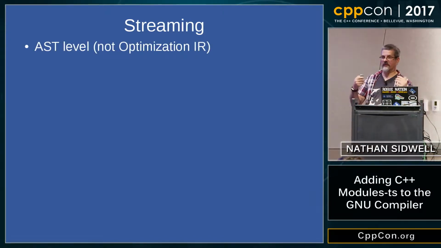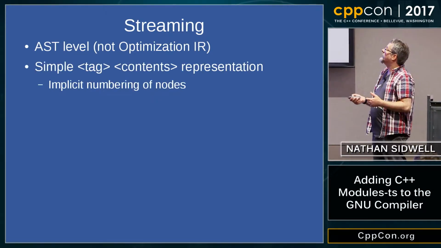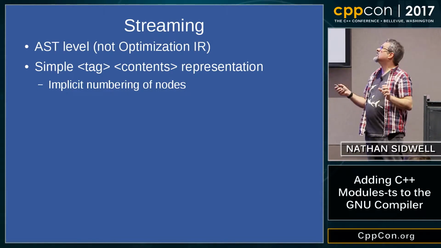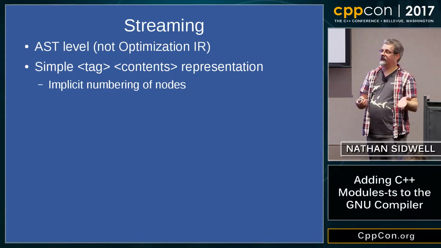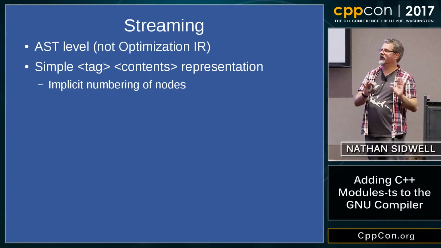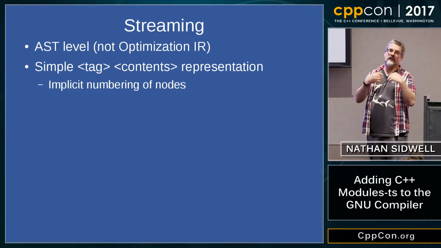We stream out the abstract syntax tree, and I'm just using a very simple tag-contents notation with a handwritten parser. It's not using any of the garbage collection machinery or the PCH machinery in the compiler. We're not going there. I implicitly number these nodes because this AST is an arbitrary graph.